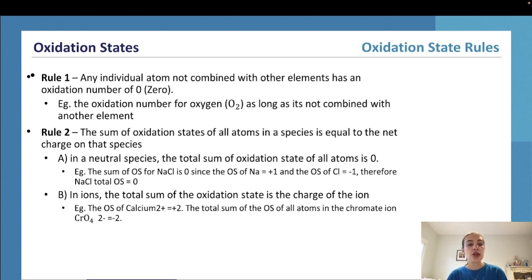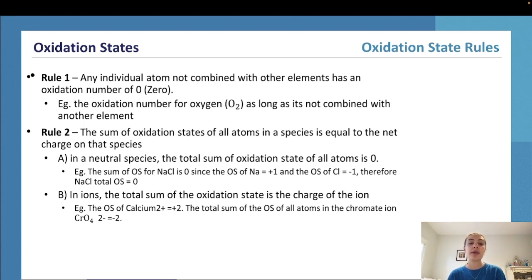In a neutral species, the total sum of the oxidation states of all of the atoms is going to be 0. For example, NaCl, sodium chloride, doesn't have a charge on it, it's not an ion, so it's going to have a sum of oxidation states of 0 in total.